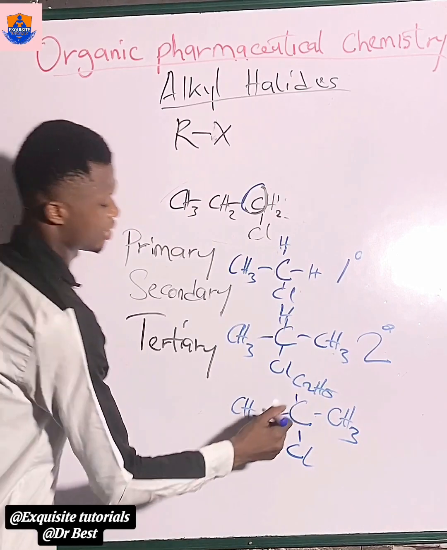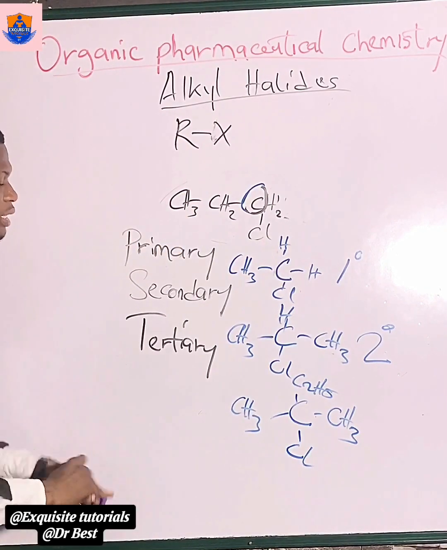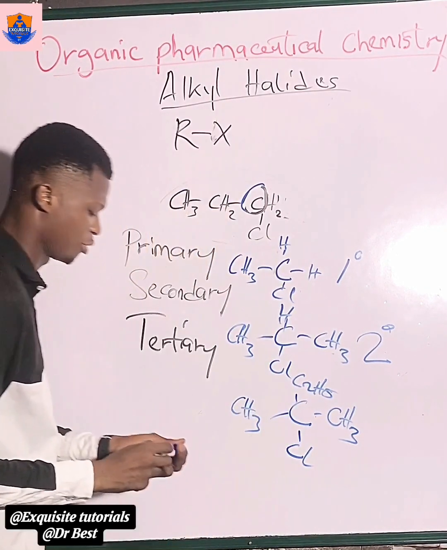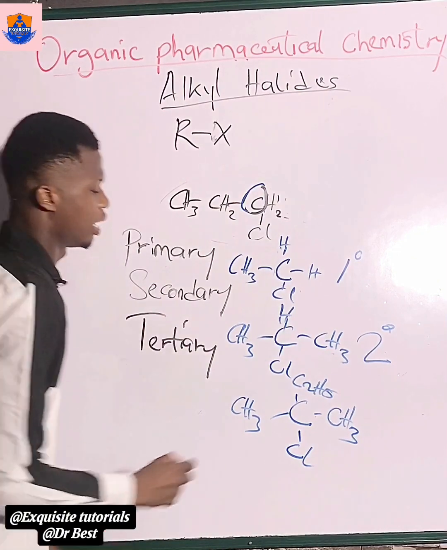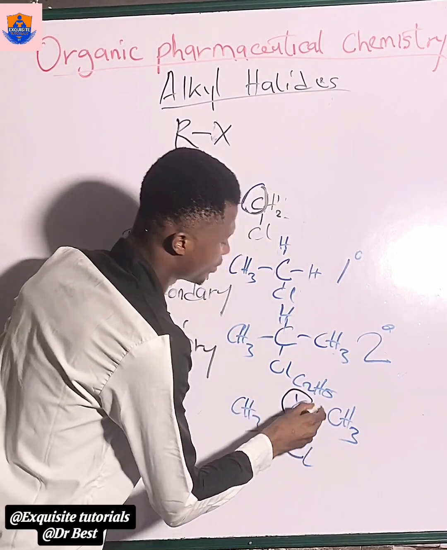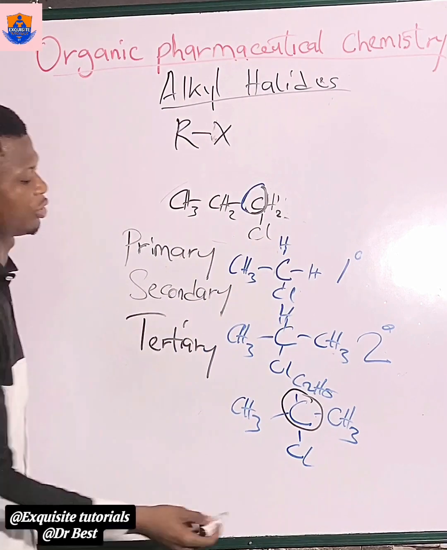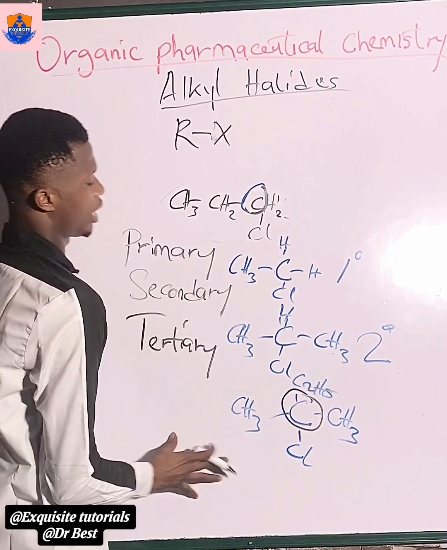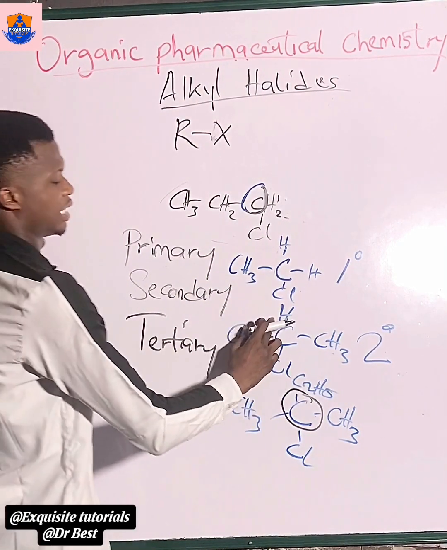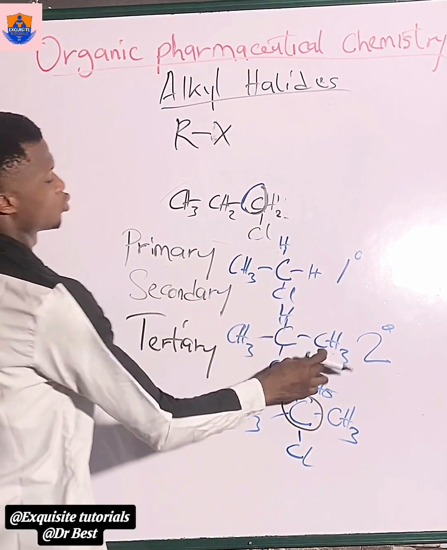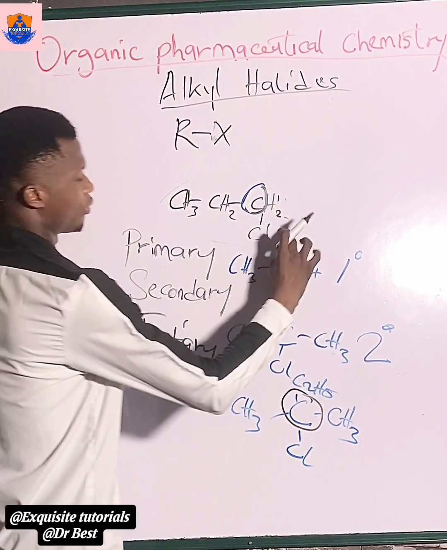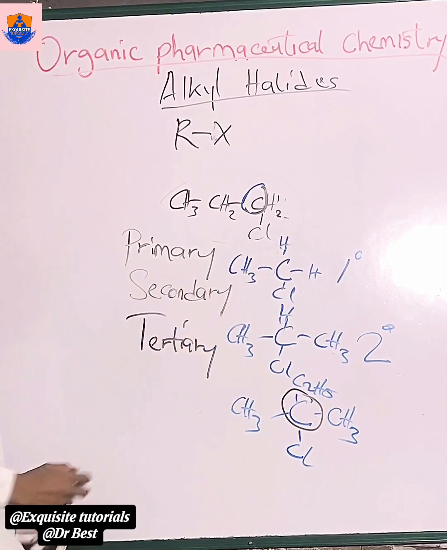So this is a tertiary alkyl halide. This carbon atom here that the halogen is bonded to does not have any hydrogen attached to it because it is bonded to 3 other groups. This one has 1 hydrogen attached, secondary. It is bonded to 2 other groups. This one has 2 hydrogens attached, bonded to 1 other group.